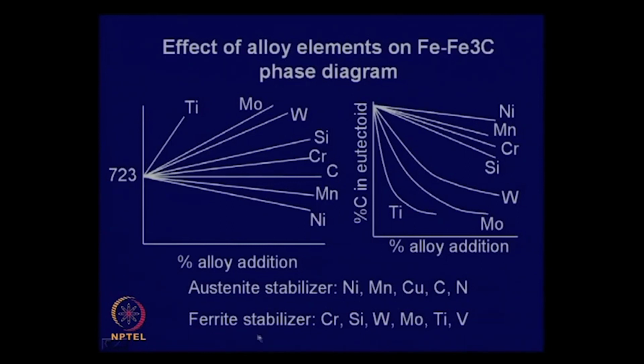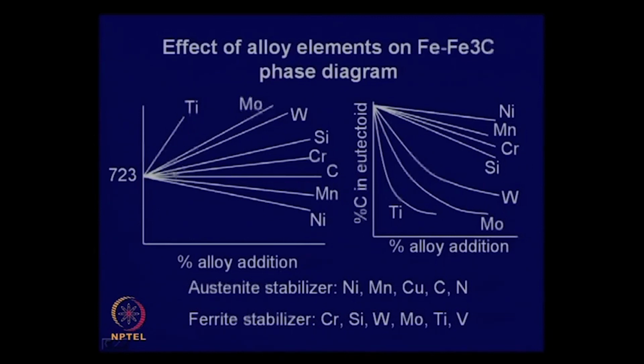As against this, there are certain alloy elements, and many of these will have a body centered cubic structure: chromium, tungsten, molybdenum. These are called ferrite stabilizers. They raise these critical temperatures, like whatever is shown here.